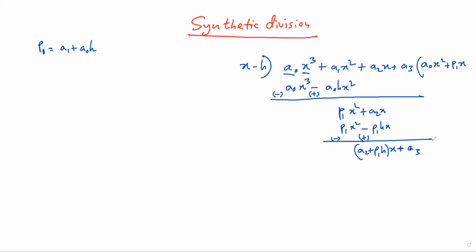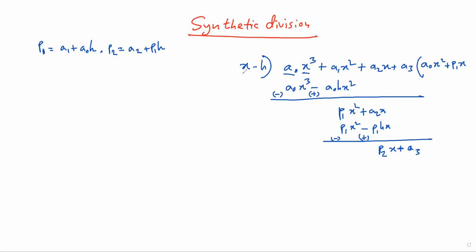So we follow a similar approach again and consider this term to be p2. That is, we are considering p2 equals a2 plus p1 h. So let's replace this entire thing by p2.